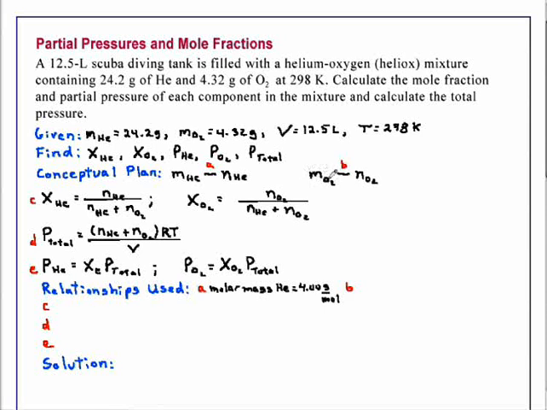To determine the number of moles of oxygen, we need the molar mass of oxygen. And that is 32 grams per mole.